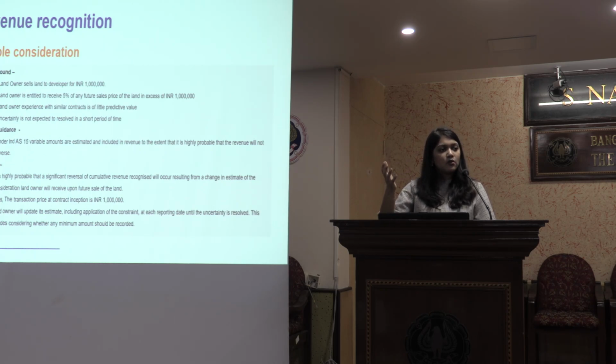So if I am accounting for 50,000 variable consideration, there is a high probability that I will get it and will not have to reverse the revenue in future. That constraint has to be applied whenever we are accounting for any kind of variable consideration, and it also has to be disclosed as part of your accounting policies.